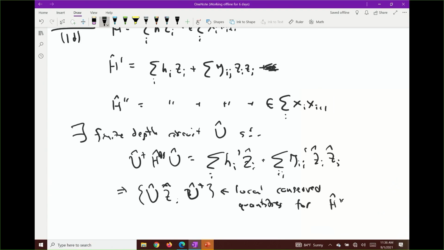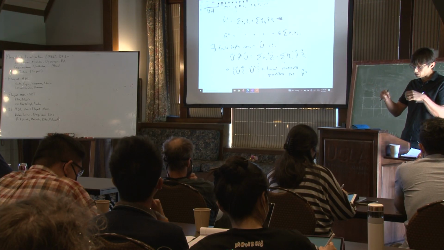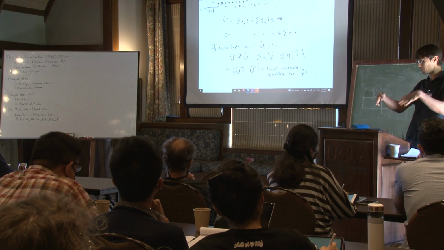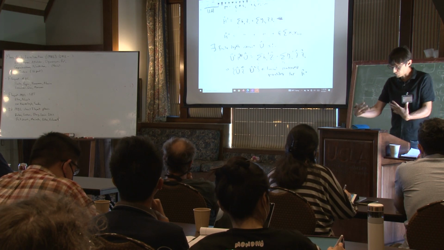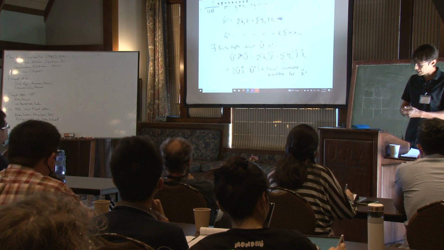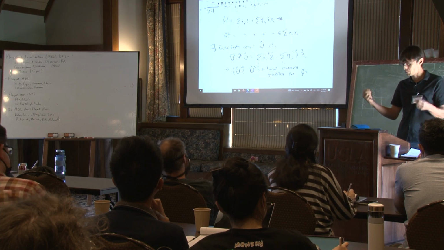So H double prime has local conserved quantities. They're maybe spread out a little bit, and how much they're spread out, the depth of the circuit, depends on the perturbation that you add. But the idea is that there is this stability to perturbations.